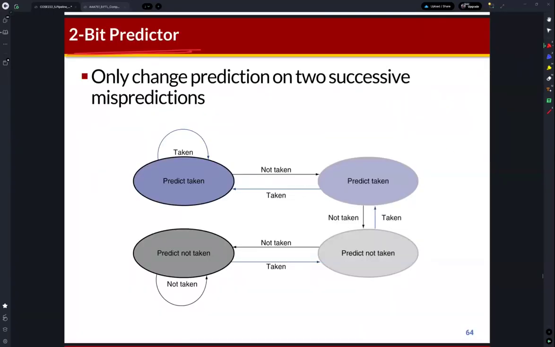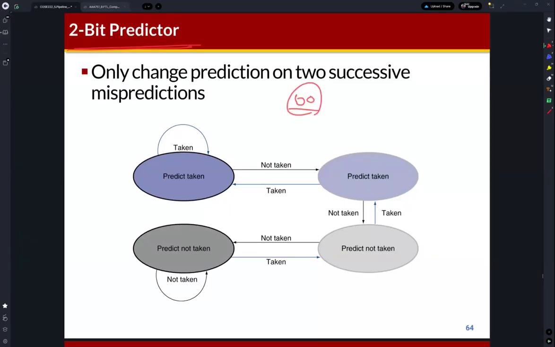So this is the state diagram of the 2-bit predictor. The 2-bit predictor is composed of a 2-bit accumulator, right? And it is saturated. Let us assume that not taken is 0, and if the branch is taken, then it is incremented by 1, so it becomes 10, then 11, but it is saturated there. Also, it is saturated at 00, right?